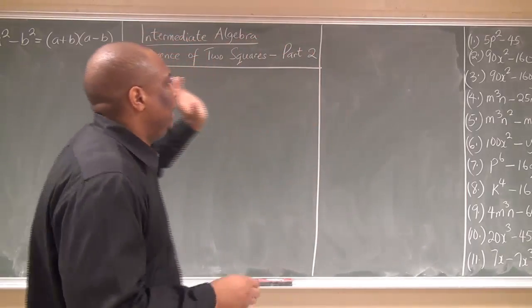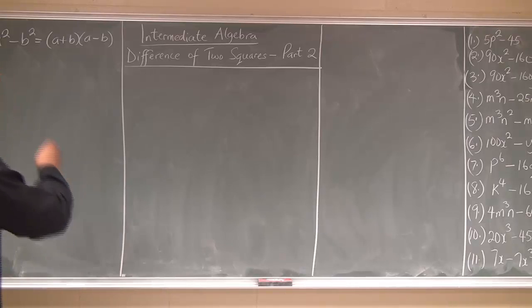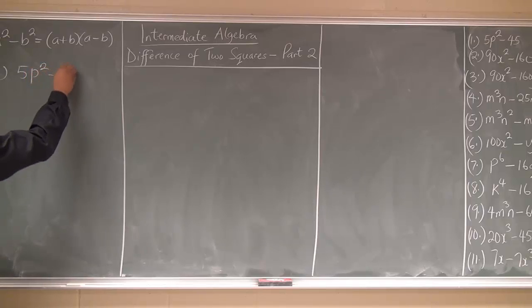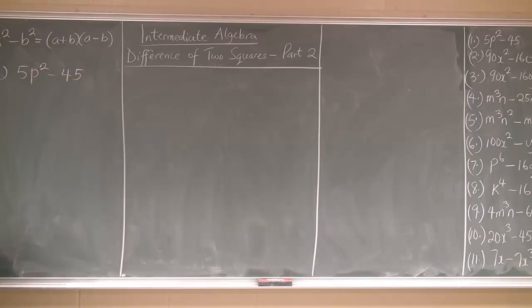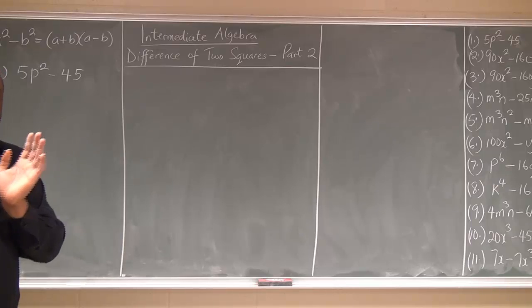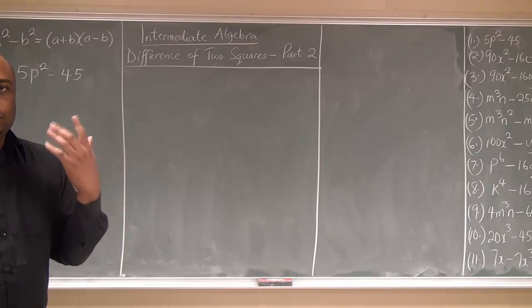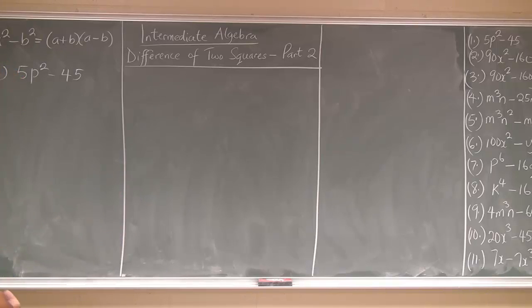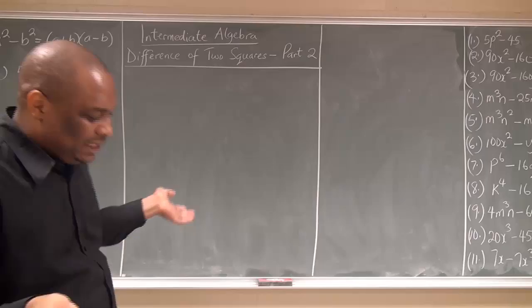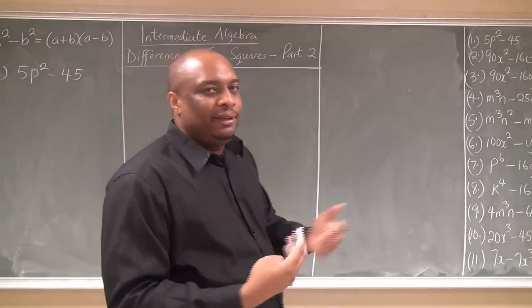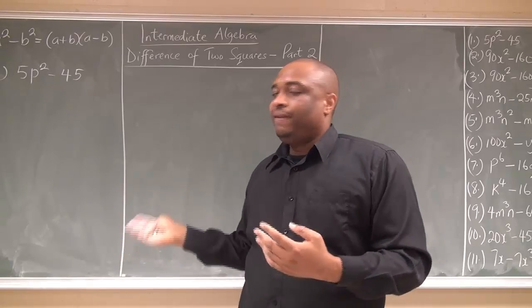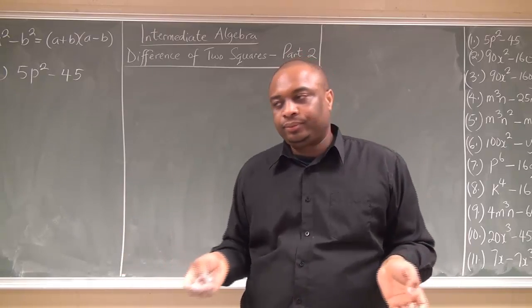So let's start with question 1. Let's begin to solve questions. Now, this is 5p squared minus 45. If you look at it, it is not straightforward to tell you that it's the difference of two squares, because the only thing you see there is p squared. 5 is not a perfect square, and 45 is not a perfect square.